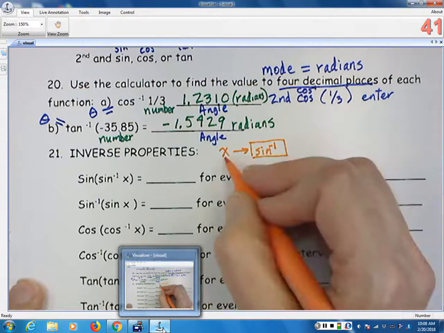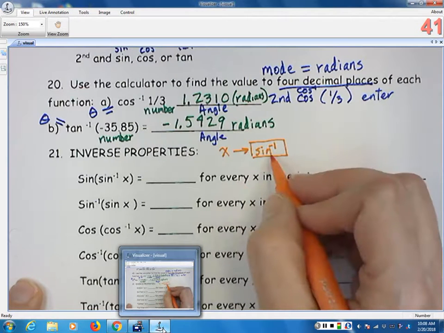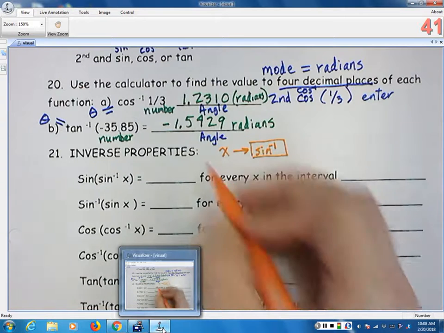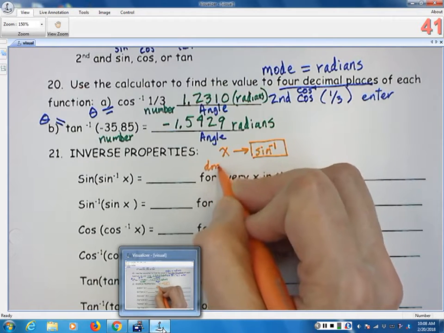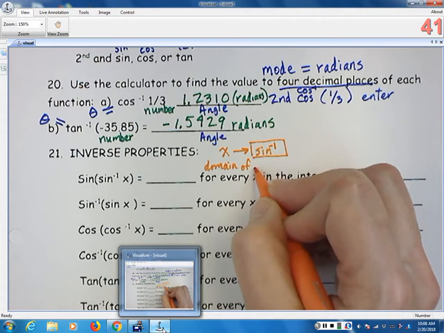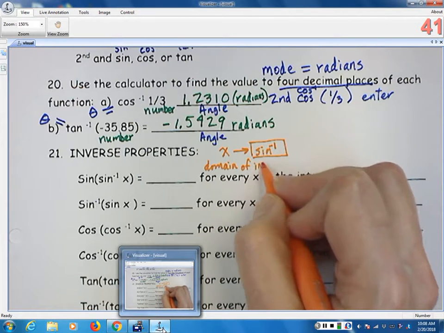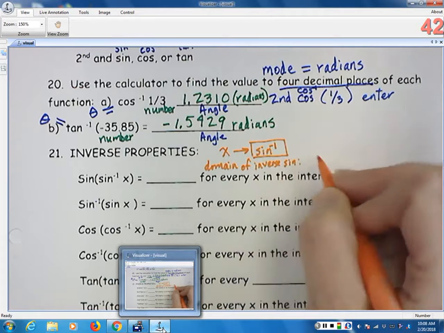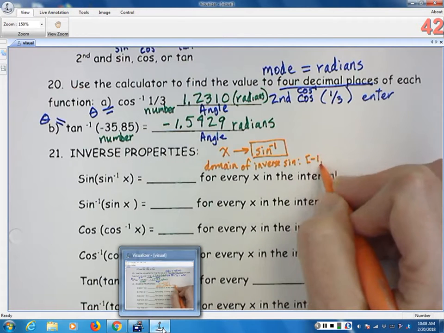And x has to be in the domain of inverse sine. That domain of inverse sine is -1 to 1.